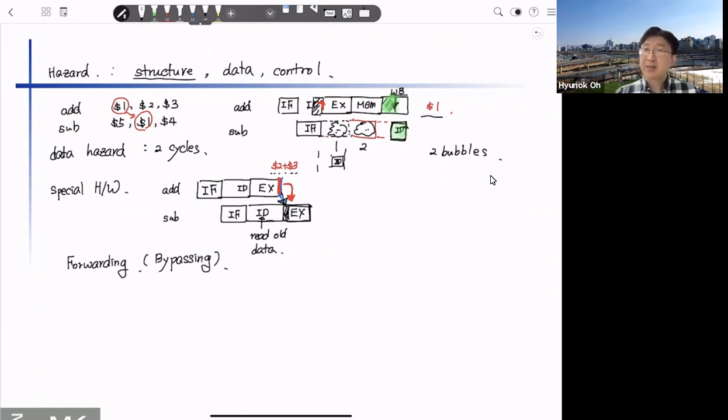We are implementing special additional hardware which forwards the previous result from the ALU execution to the ALU input for the next instruction directly. That special part is called forwarding logic. If we implement this forwarding logic, then we can avoid the data hazard, with no bubble at all.